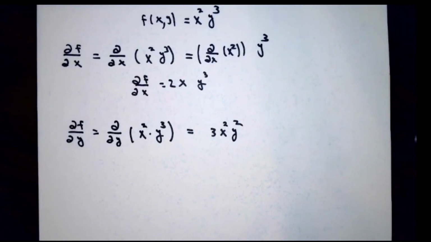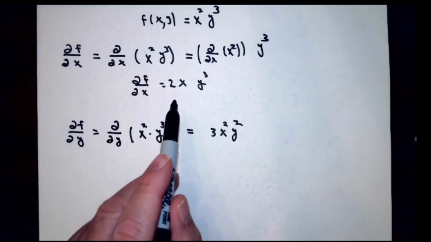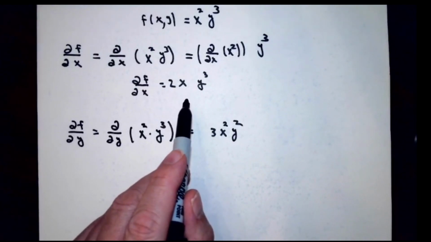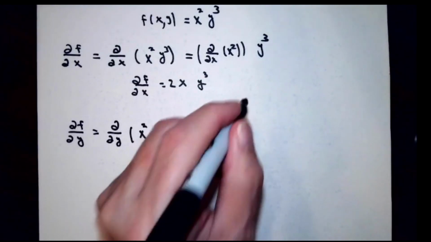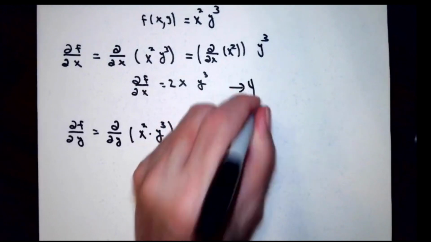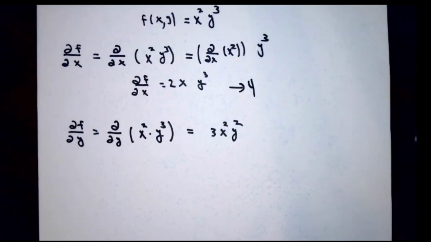If I evaluate the partial of f with respect to x at the point where x is 2 and y is 1, I'll have 2 times 2 times 1 cubed, which gives me 4. Go back and look at what we did before, and you'll see that that's the answer we got.